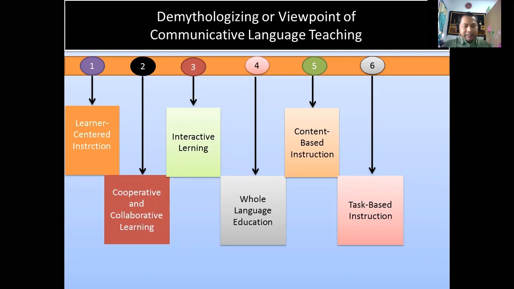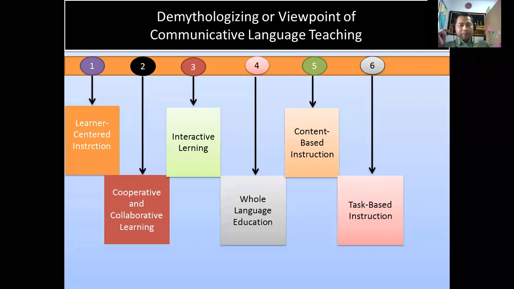To end the presentations, I would like to make some revisions to your presentations and also your understanding. Probably this is not an approach. The 6 things are not approaches, but the viewpoint or methodologization of implementing communicative language teaching in the classrooms.